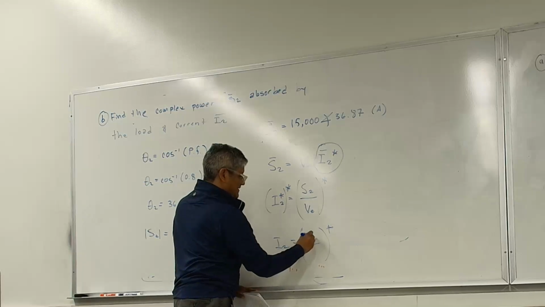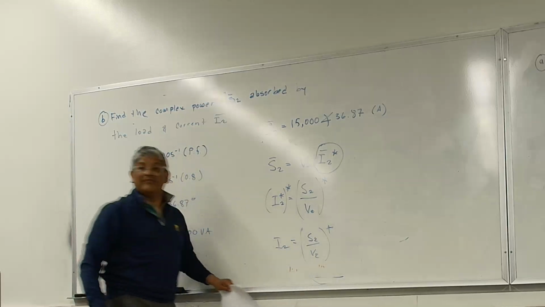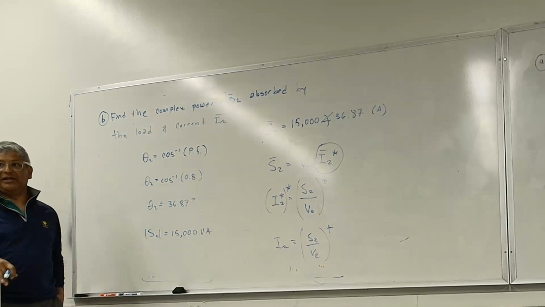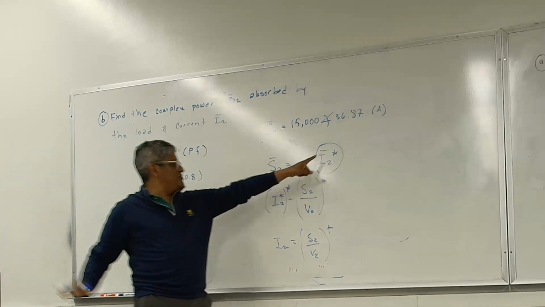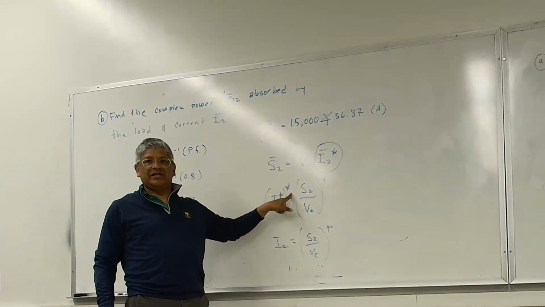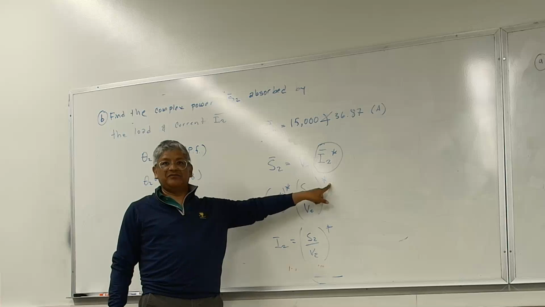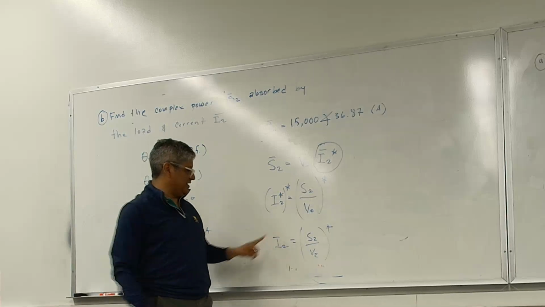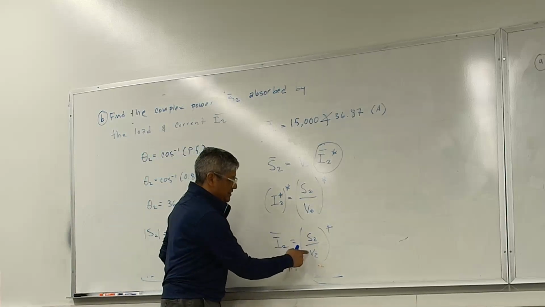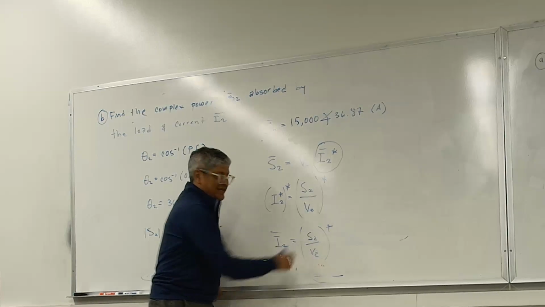Everybody okay with me now? You know what I'm doing, right? In order to get rid of the conjugate, I multiply by the conjugate. And so I do the same to the other side. So I end up with I2 phasor is equal to S2 divided by V2 conjugate.